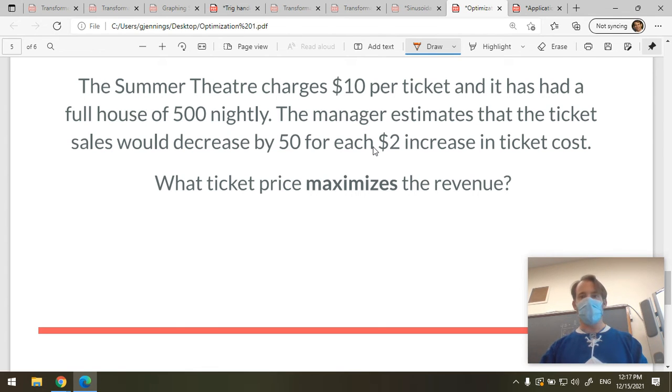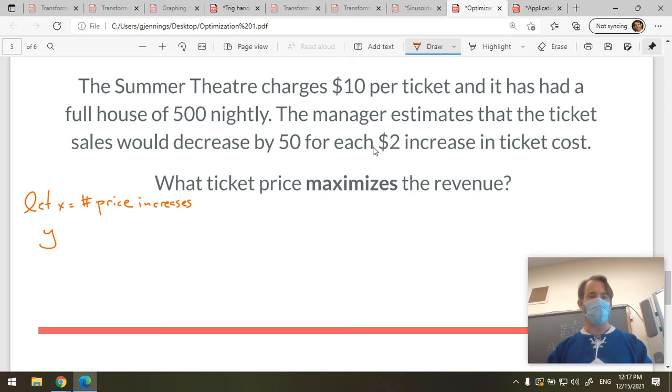To do these ones, we're going to let x equal the number of price increases. So we have one equation, which is the number of tickets.